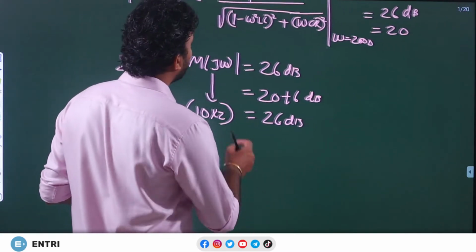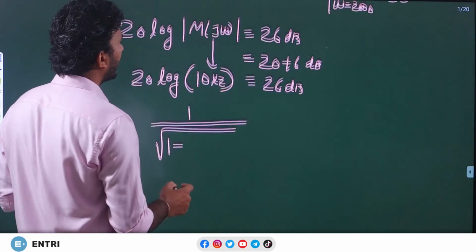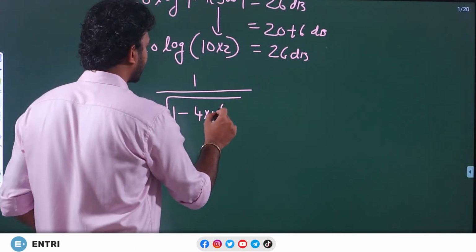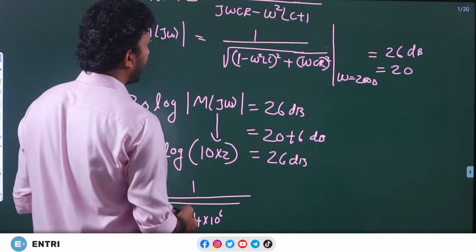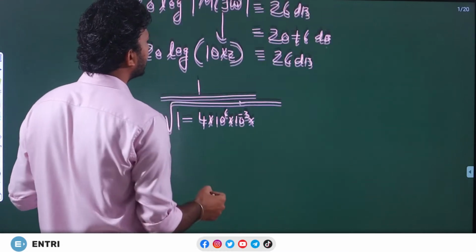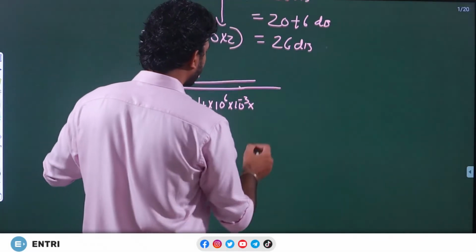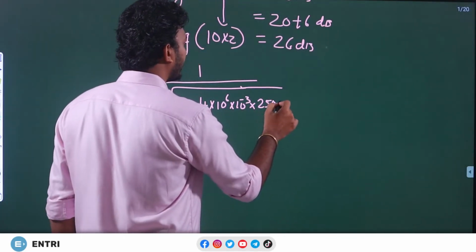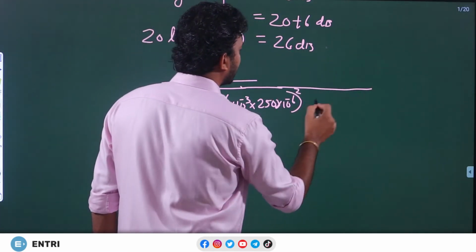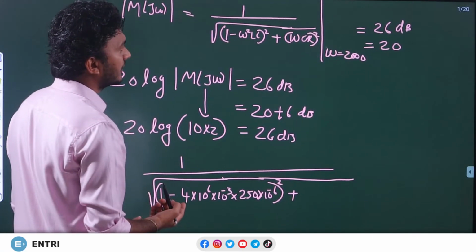Now, I have my 1 by square root of (1 minus omega square, that is 2000 squared, so you have 4 into 10 raised to 6, into L, which is 1 millihenry, 10 raised to minus 3, into C, which is 250 microfarad, so into 10 raised to minus 6) the whole square, plus you have got your (omega CR) whole square.